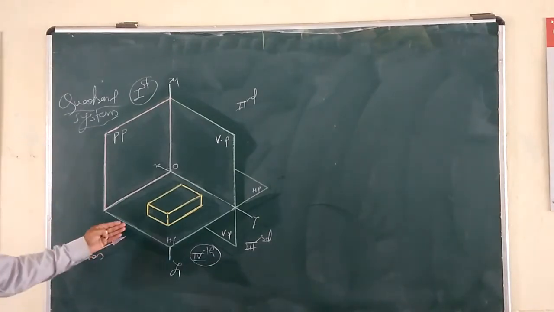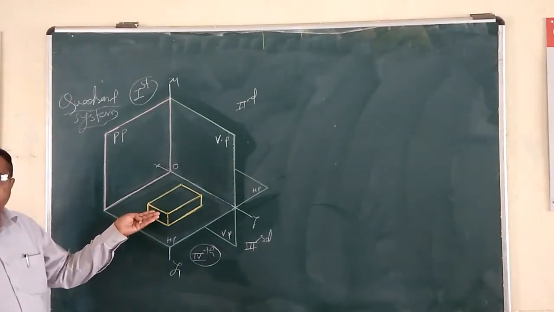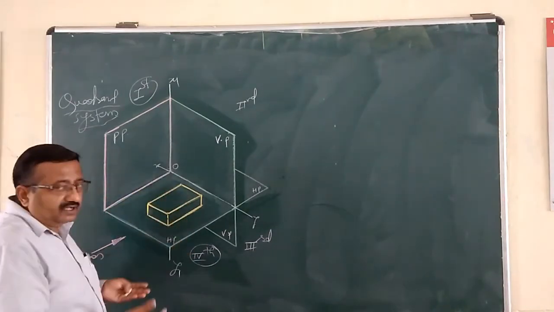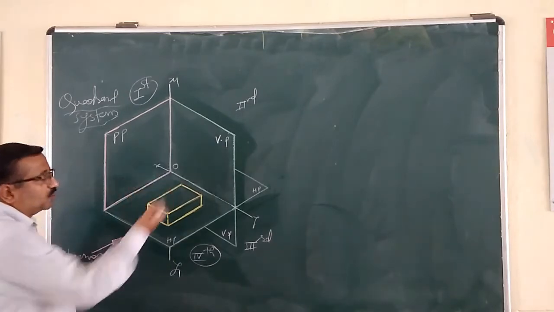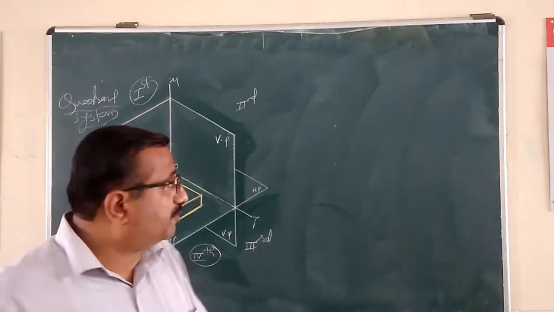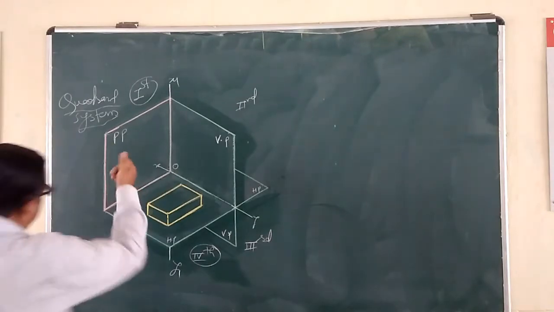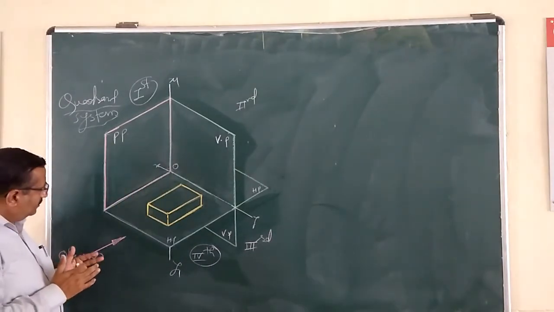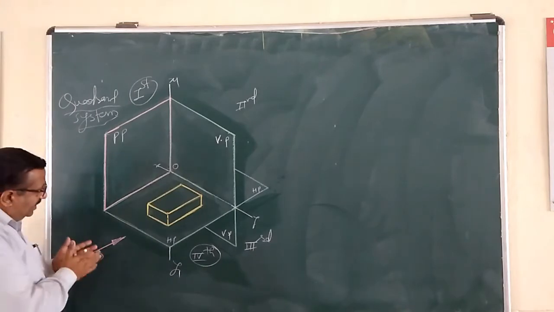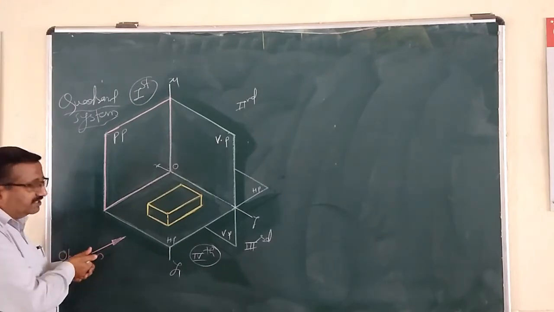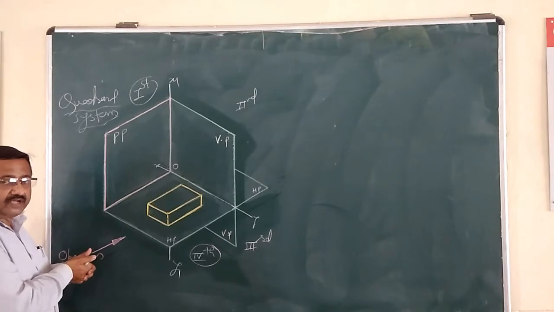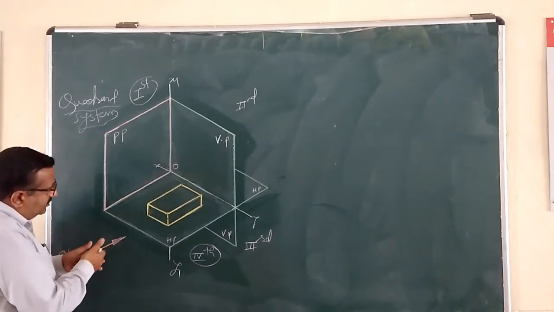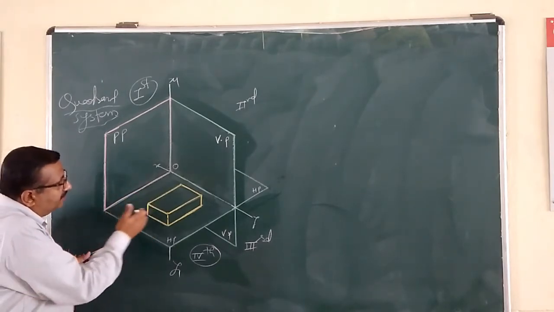So in this way the observer has to observe this object, and accordingly show its respective views on the respective principal planes of projections, that is on VP, HP, and PP. So observer is here. Or another way we can say, torch.